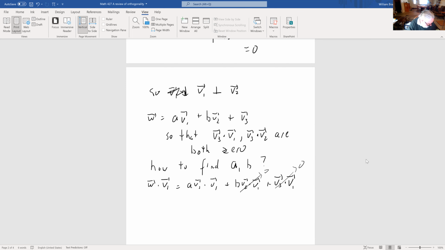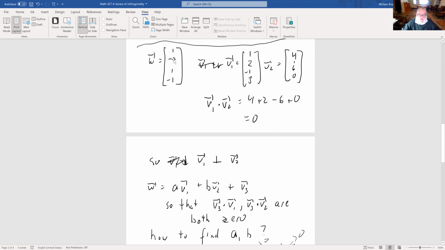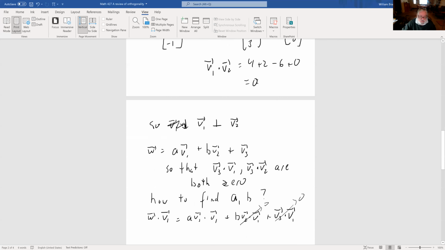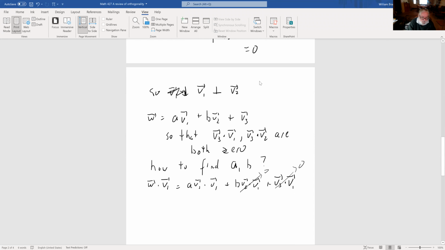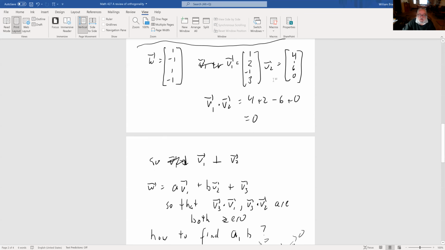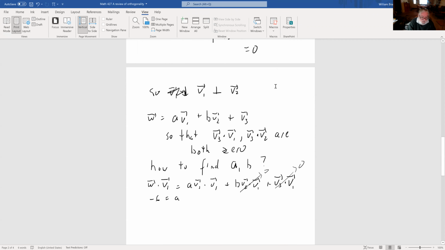W dot V1 is going to be 1 minus 2, which is minus 1, minus another 1, which is minus 2, minus 3 is minus 6, equals A times V1 dot V1, which is 1 plus 4 plus 1, which is 6, plus 9, 15.